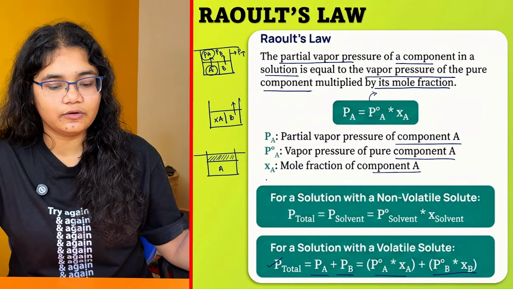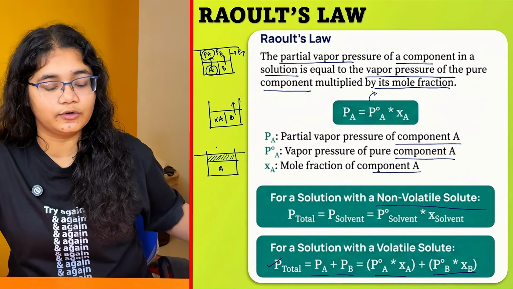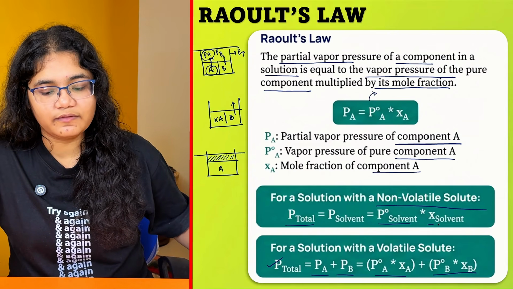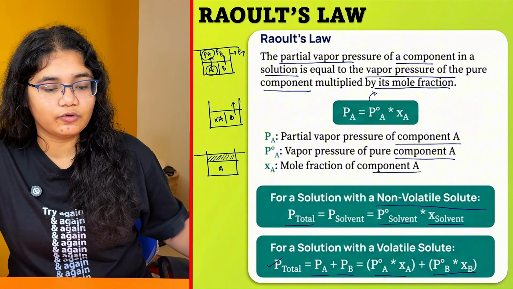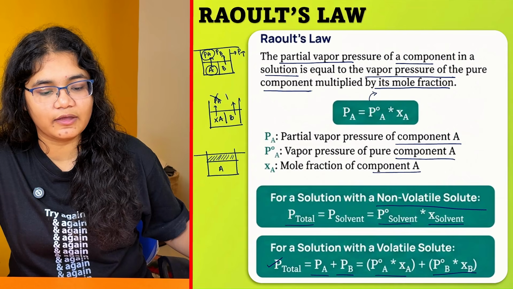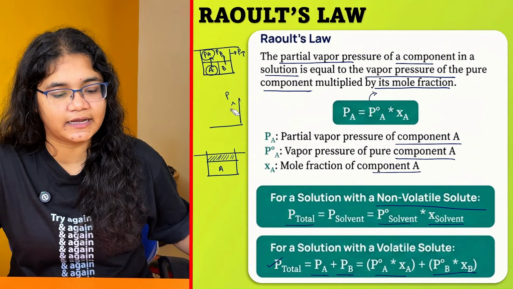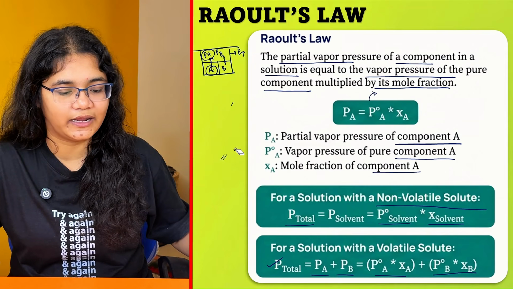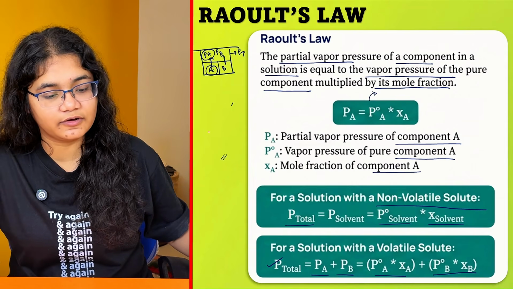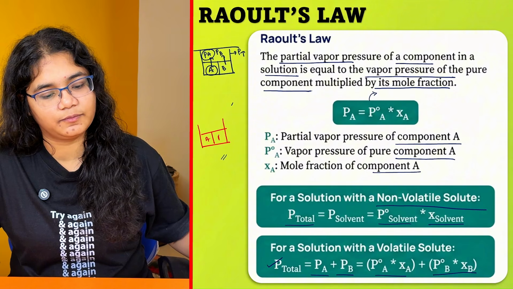Now coming to a solution with a non-volatile solute, what will happen? P total is equal to P naught of the solvent and X of the solvent. Because if a non-volatile solute is there, that means it will not evaporate. There is no PB here. We'll take a different scenario because the nomenclature is slightly confusing here. Let me tell you like this: suppose you have a solution where A and B are present.